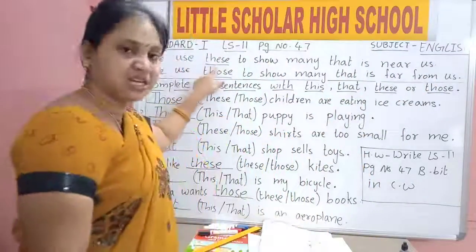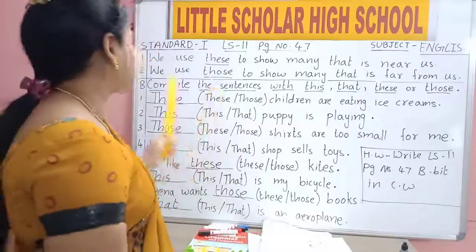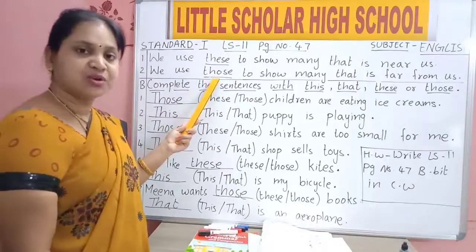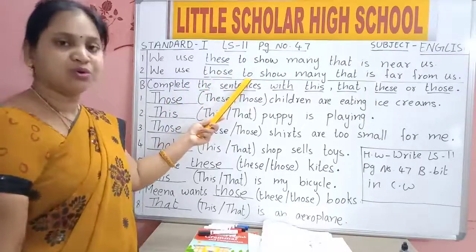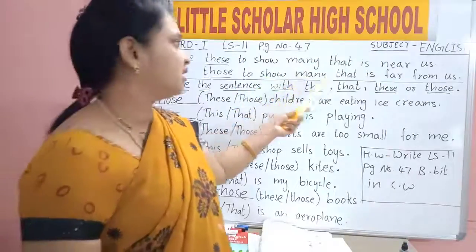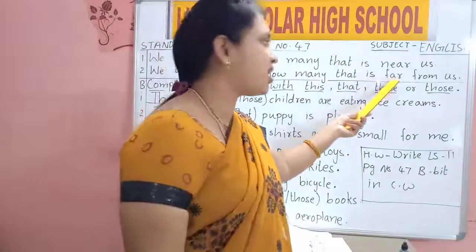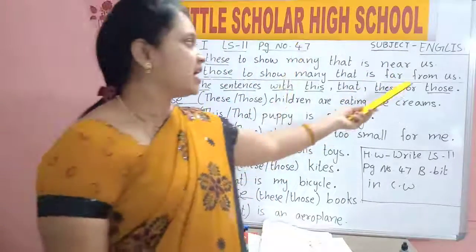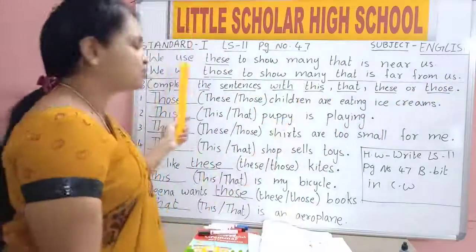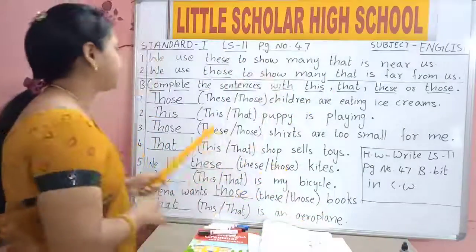We use these to show many that are near us. We use those to show many that are far from us. T-H-A-T, that. I-S, is. F-A-R, far. F-R-O-M, from. U-S, us.